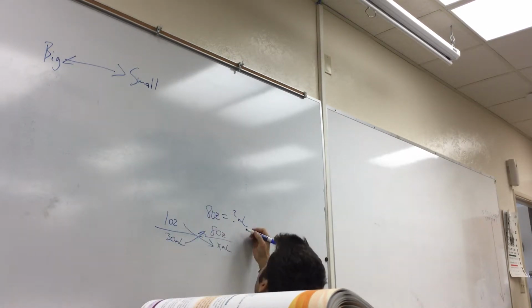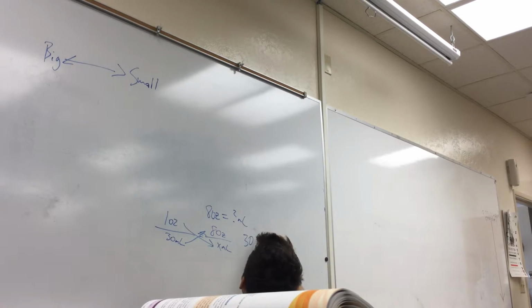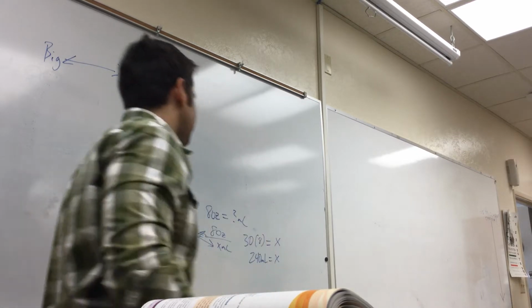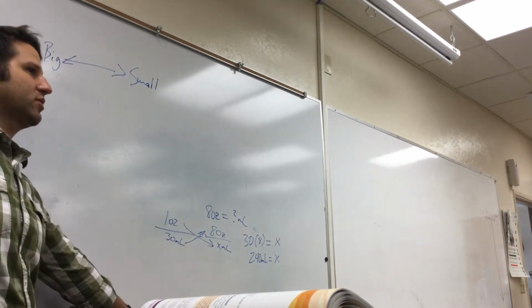So 30 times 8, let me do that so we don't get the X mixed up, equals X. So 240 mLs. Okay?